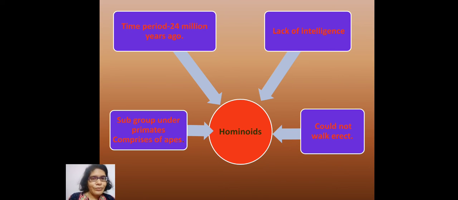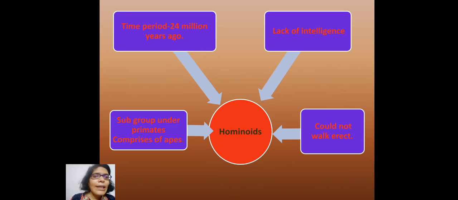Next group is hominoids. Actually, this is a small group under the big group primate, and in this group we see apes. Now, a special feature of hominoids is that they don't have tails like monkeys.